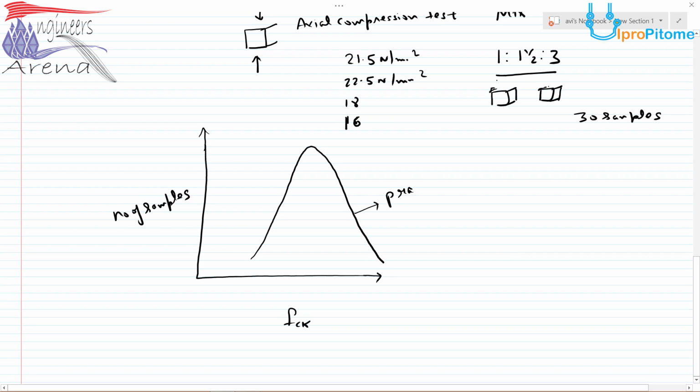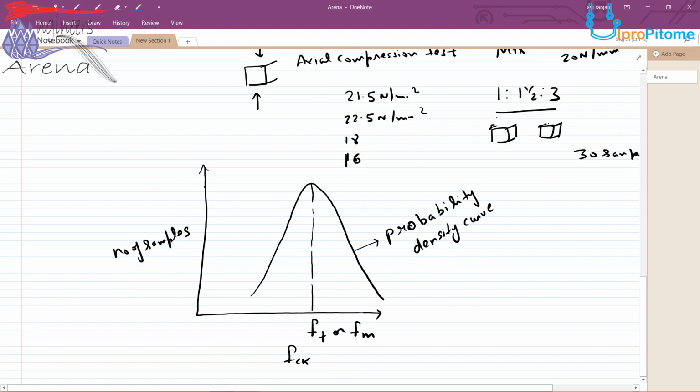This is known as the probability density curve. This value is known as FT or FM, the target mean strength.